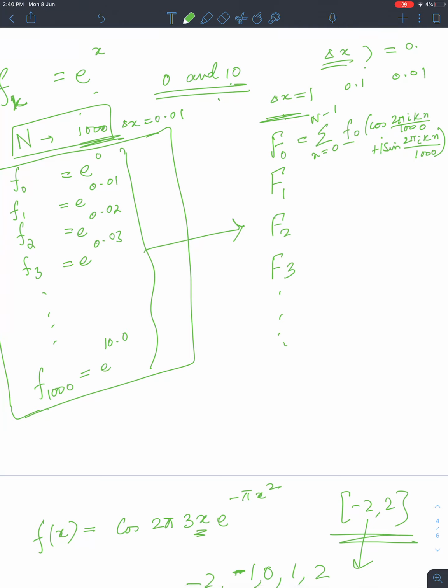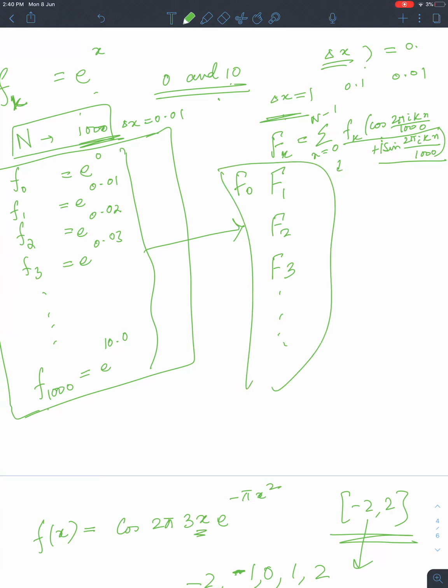You have the real part f into this, and you have the imaginary part fk into this. So n is 0 of course. If I write this as a general formula, then you can find out f0, f1, f2, etc.